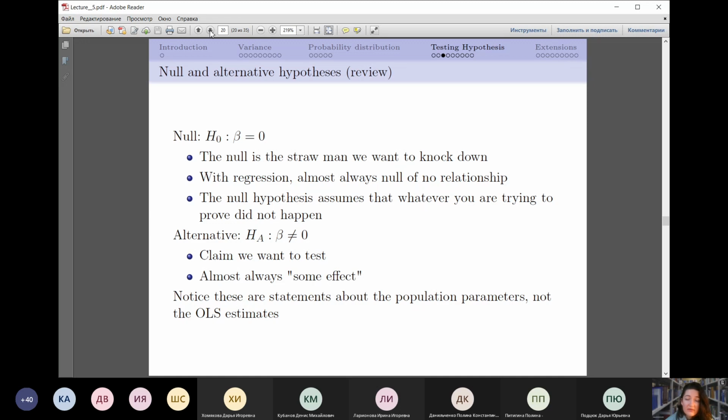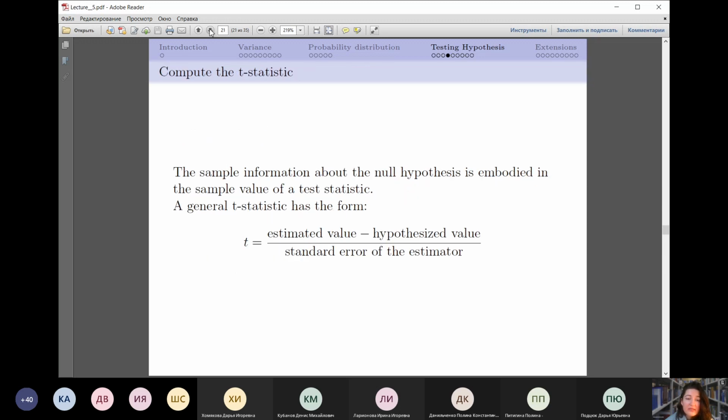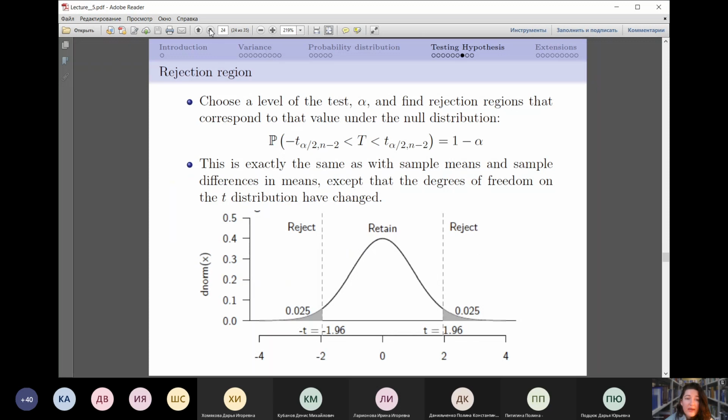So is it clear that in the null hypothesis you can check any specific values, not only 0. 0 is about the significance.